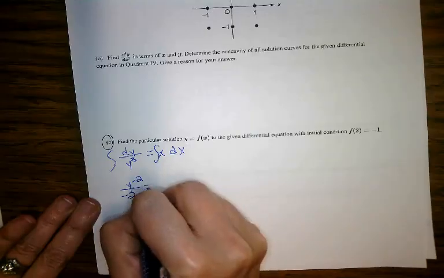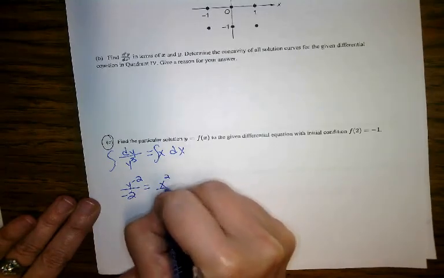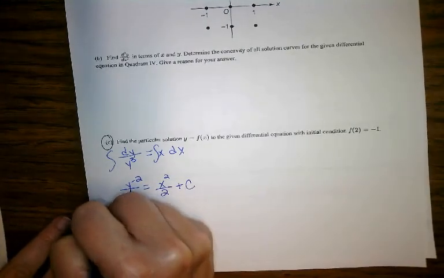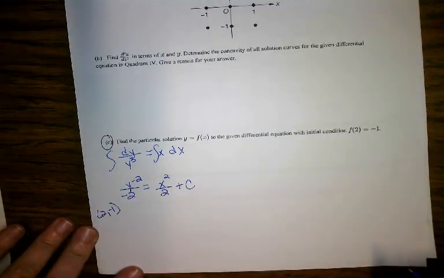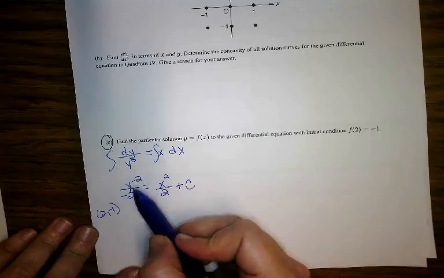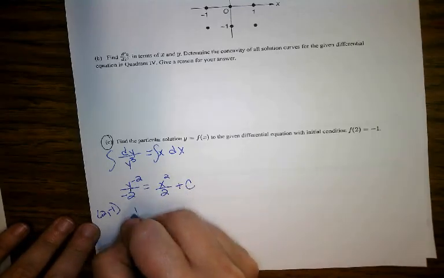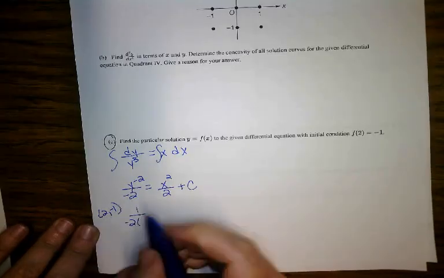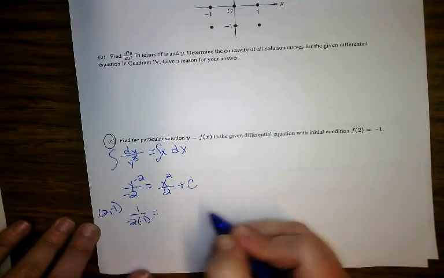Plug in your initial condition to be able to solve for c. Since this is a negative 2, I know this is really in the denominator. This is really 1 over negative 2 times my y value, which is negative 1. 2 squared is 4, divided by 2 is 2. So this is really 1/2.